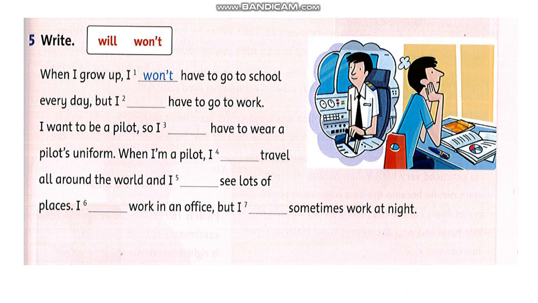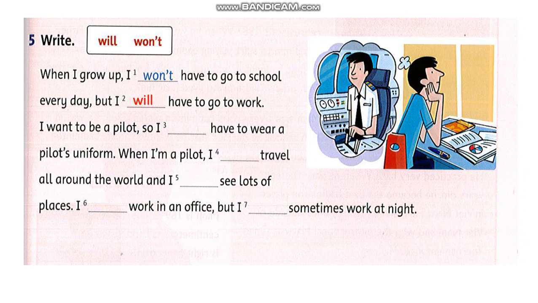So look at exercise number 5. Now you will write will or won't. For example, number 1, when I grow up, I won't have to go to school every day. But number 2, will or won't?